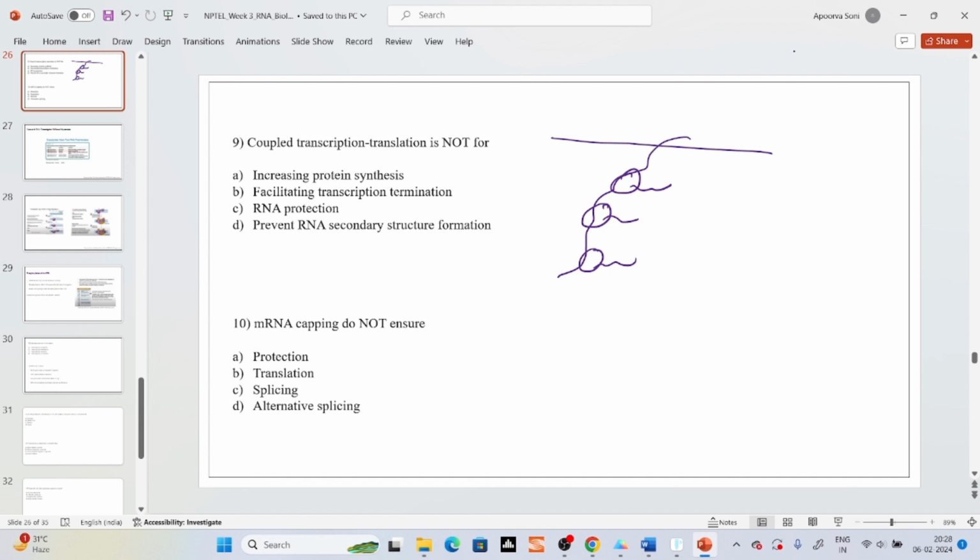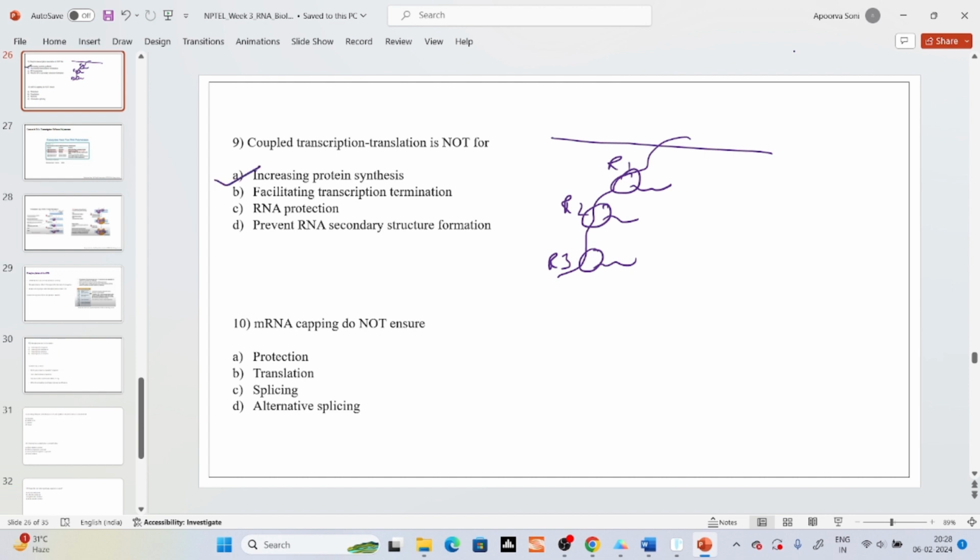Because of this, protein synthesis is increased. Why? Because in a single mRNA, many different ribosomes are getting attached: ribosome number 1, ribosome number 2, ribosome number 3. Therefore, the rate of protein synthesis is increased.